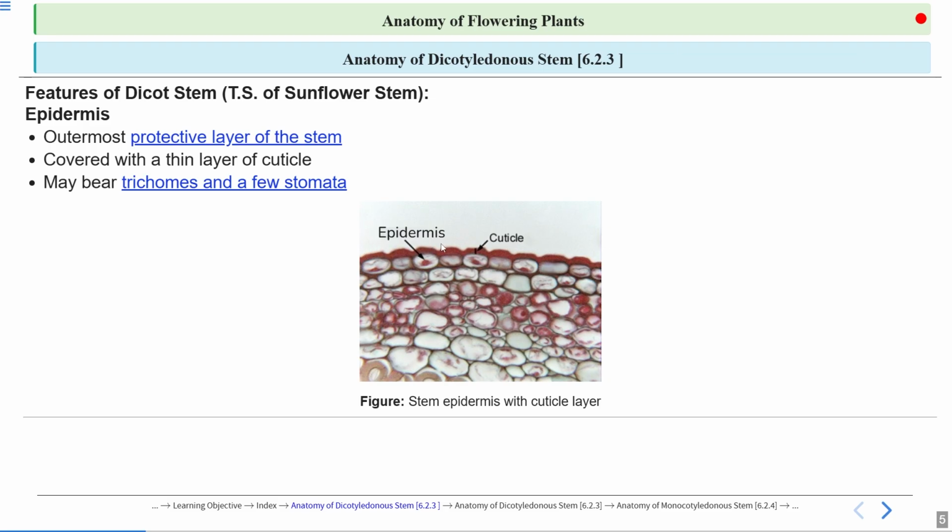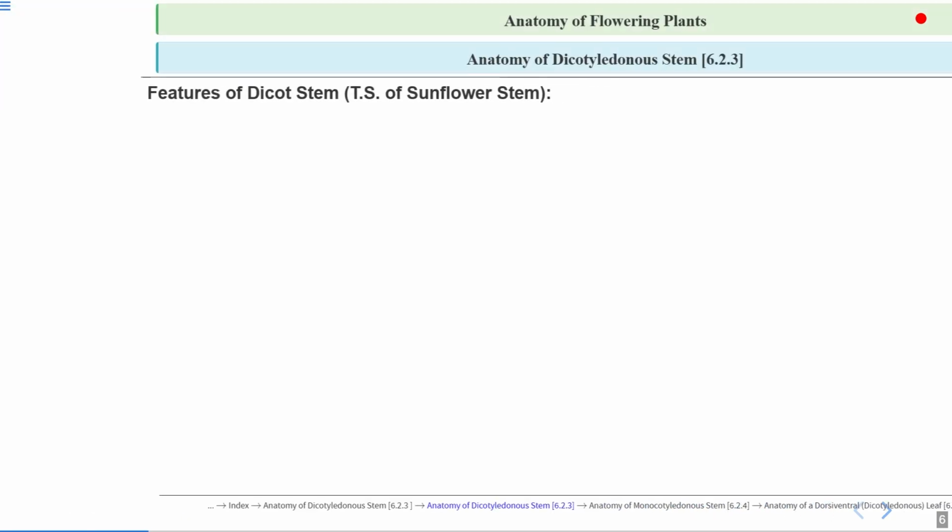So this is called the epidermis layer. You can see that. And the outer layer of the epidermis, not the inner one, the external layer, is covered with a waxy substance that is called the cuticle. So this is the first layer of the stem, the epidermis.